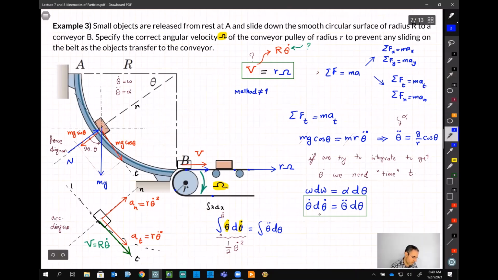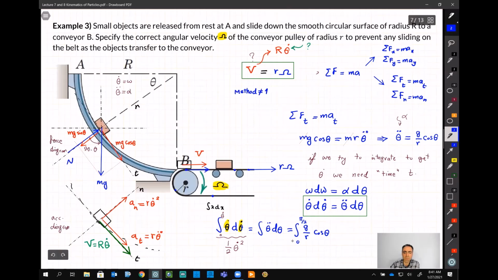Second part, we know theta double dot. I just replace it. It is g over r cosine theta. I started from theta 0, and I'm interested to know what's going on when I get to 90 degrees. But remember, guys, to use radians here so you don't make a mistake. Here it doesn't matter, but in general, always try to use radians in this course.